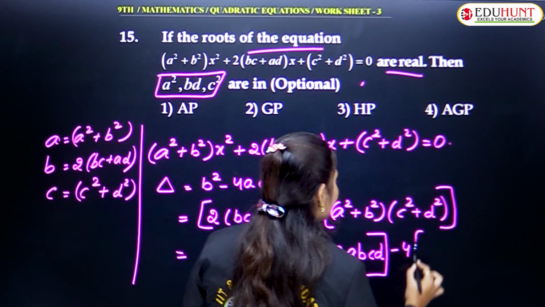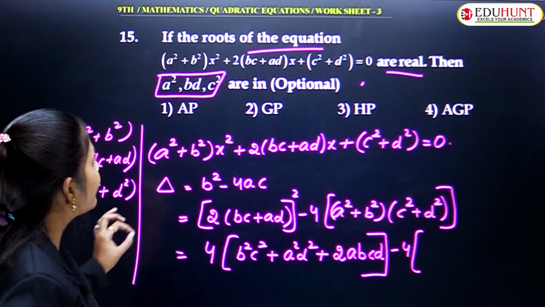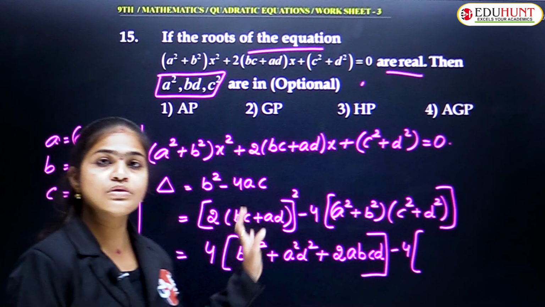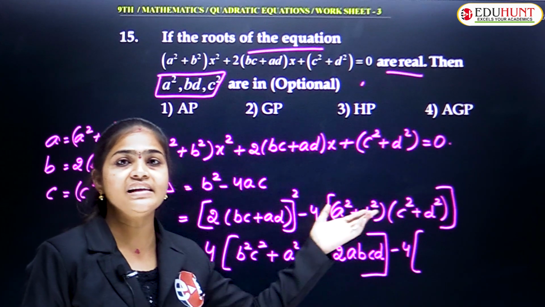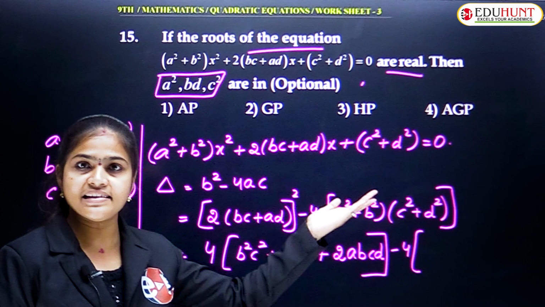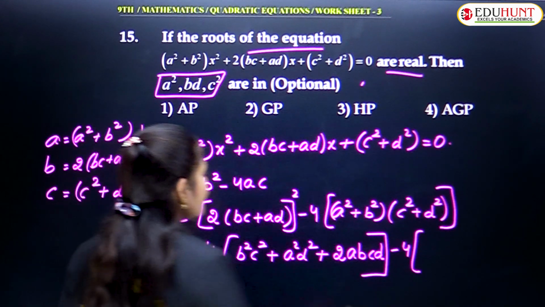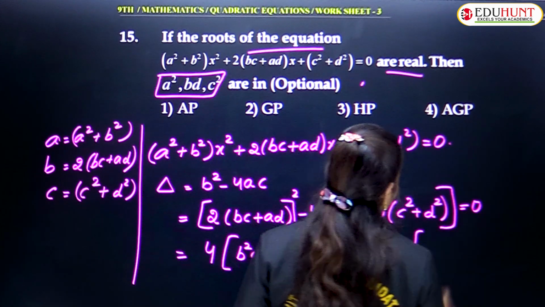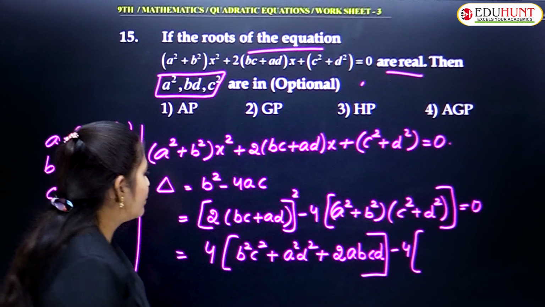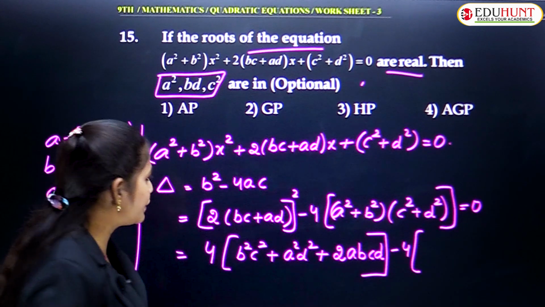Minus 4 into. Okay, and children, see here, they said that the roots are real. So roots are real means we can take delta equal to 0 also, no? Why? Because roots are real means greater than 0 and in the same way equal to 0 also. So that's why we consider that equal to 0. To find the values of a, b, c, d, keep delta equal to 0.